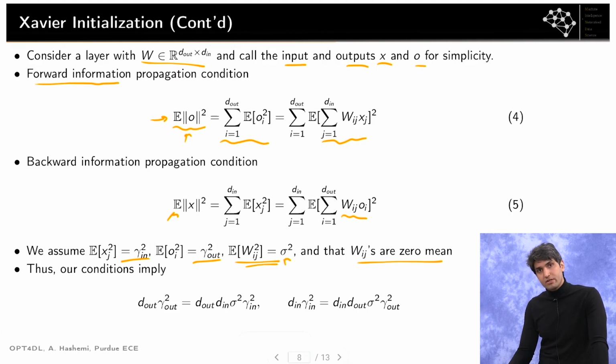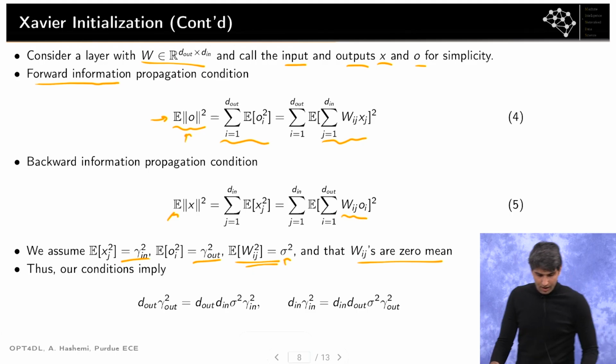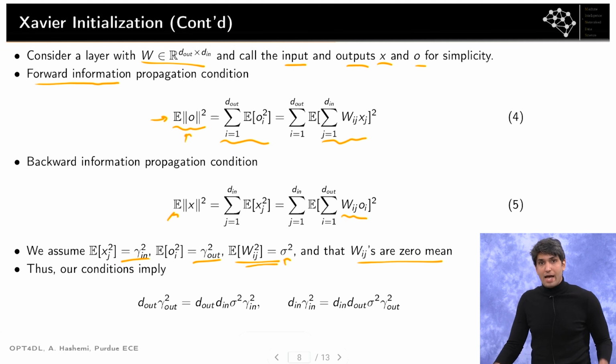Our goal would be to find a very nice sigma square, a very nice variance or noise strength, to make sure that these two forward information propagation and backward information propagation conditions are satisfied, such that we are not again amplifying or reducing the strength of the signal much.